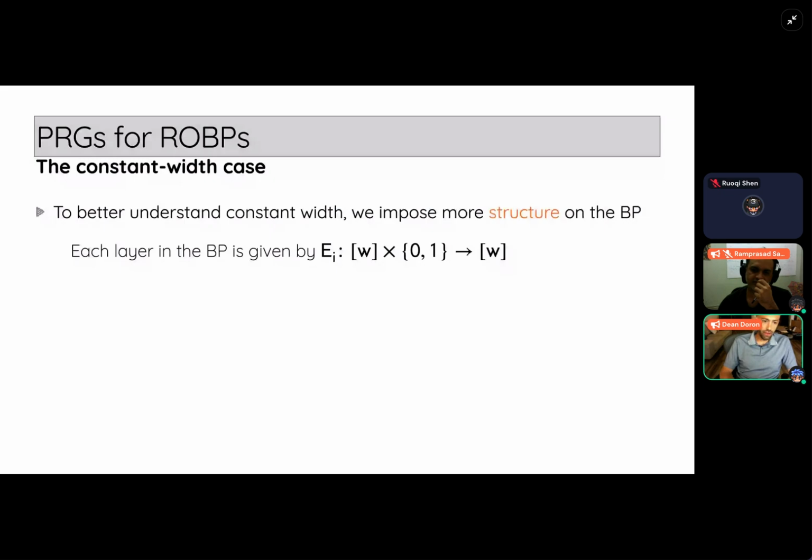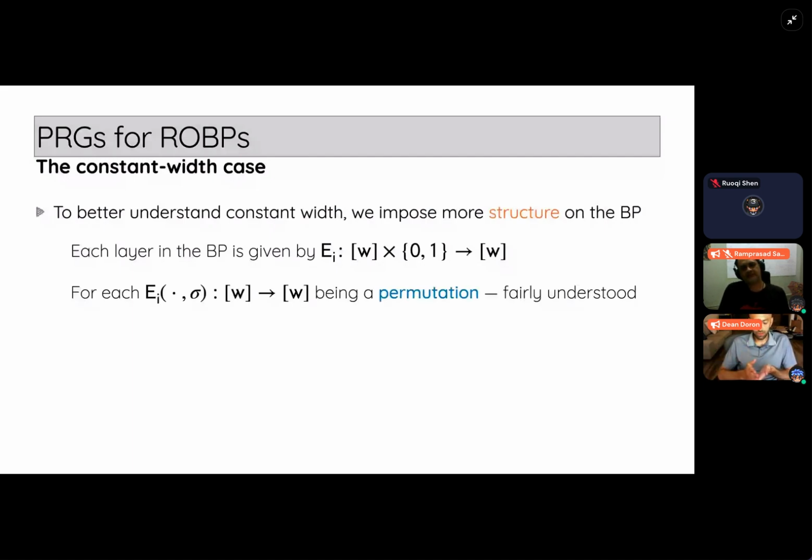Now we can view each layer of the branching program as given by a function that gets the current state and some edge label, which can be 0, 1, but can also be from a larger alphabet, and outputs the next state. Now, if for any fixed edge label, the function from W to W is a permutation, this is a more understood model, although we have important and interesting open questions there.